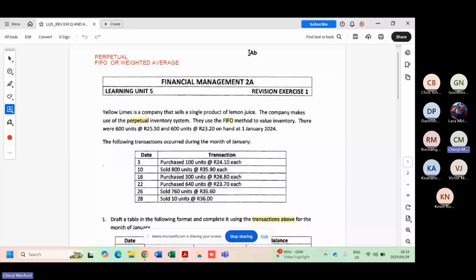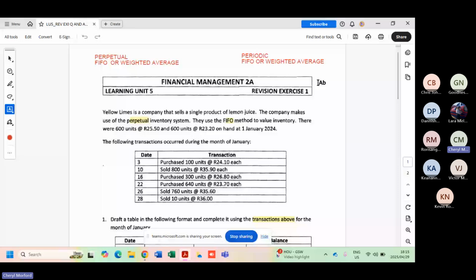If, however, the business records inventory using the periodic system, it can also value inventory according to the FIFO system or the weighted average. So there are 4 possible questions that can be asked. Either of the methods for the perpetual system or either of the methods for the periodic system.